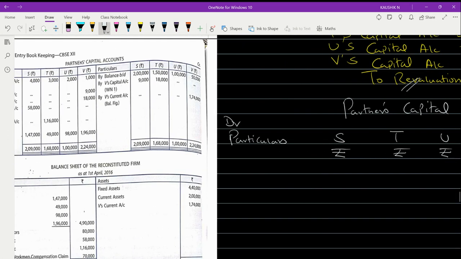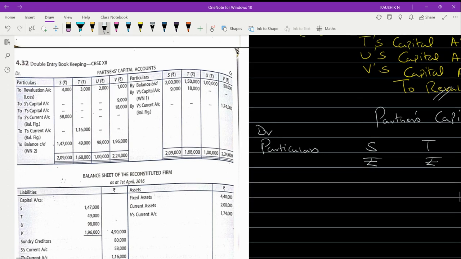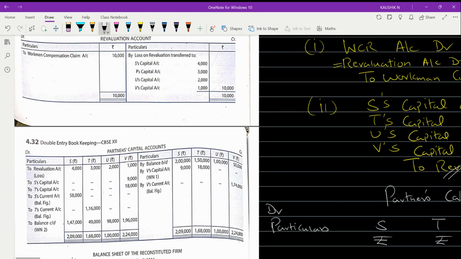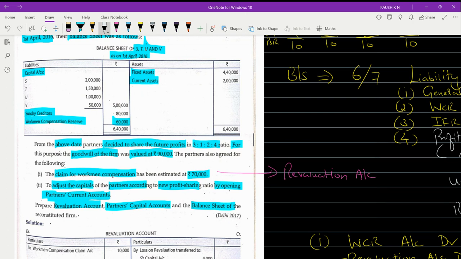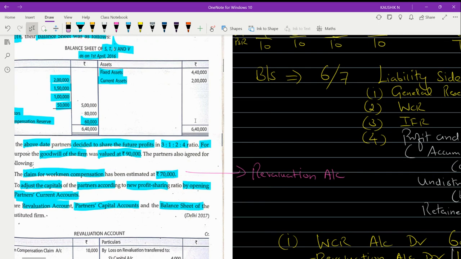Now you have to understand one basic concept: for the partners' capital account, the old balance will be taken from the old balance sheet, where it is mentioned that for S, T, U, and V, the amounts are 2 lakh, 1 lakh 50, 1 lakh, and 50,000. All these amounts appear on the liability side, which means they show a positive, favorable value.